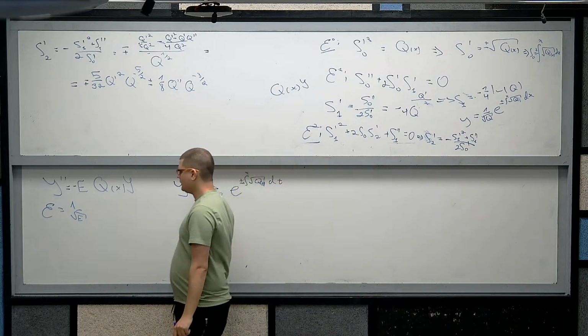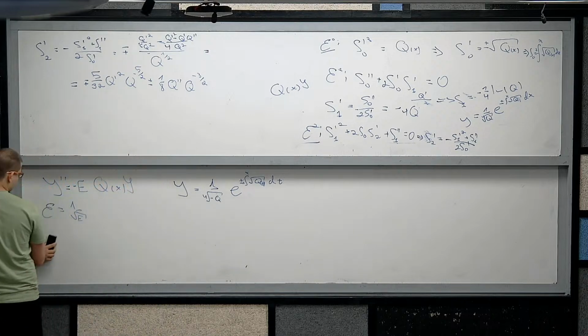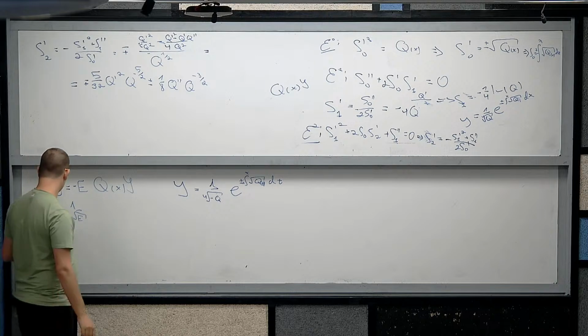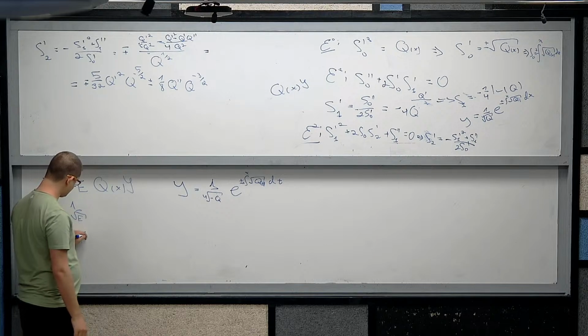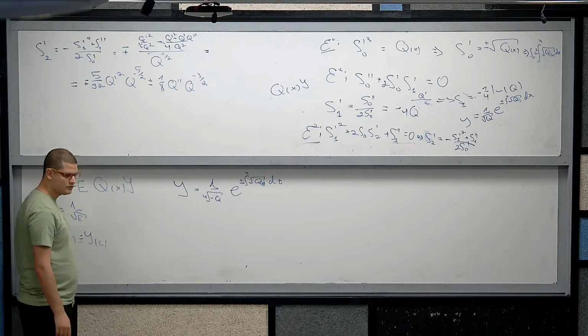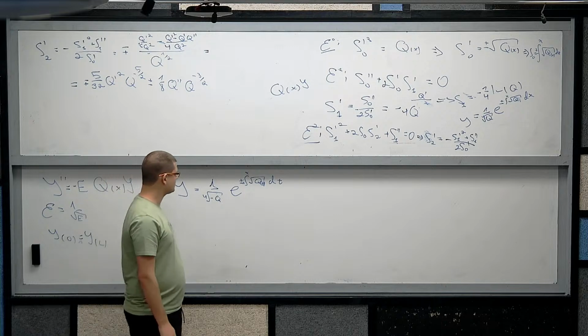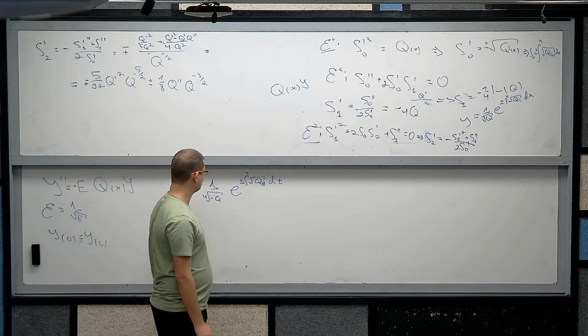And now, assume we have quantization between y of 0 and y of L. I forgot the constants in the exponent, in terms of epsilon.